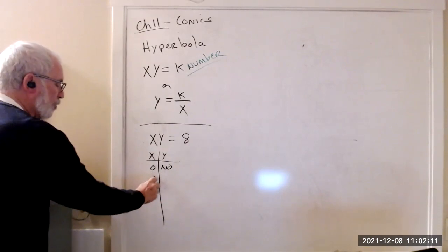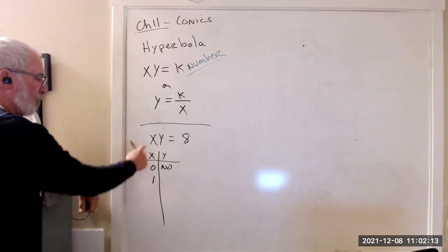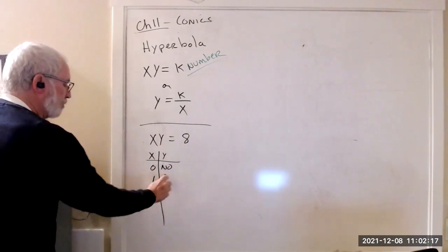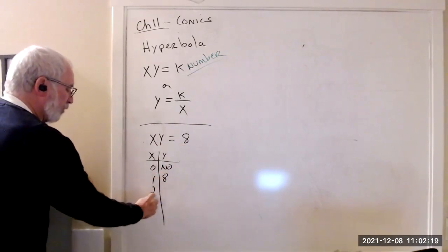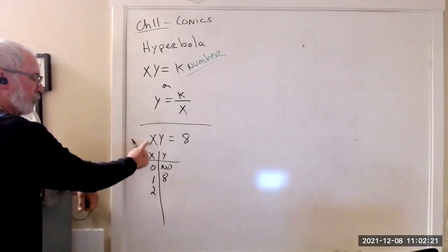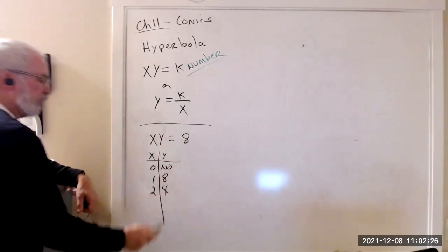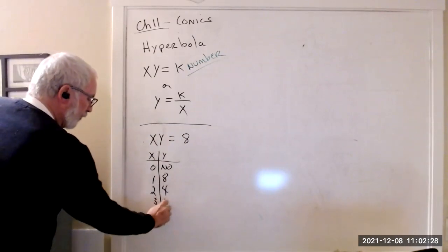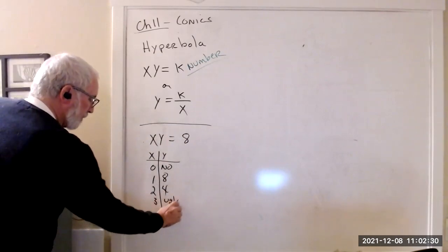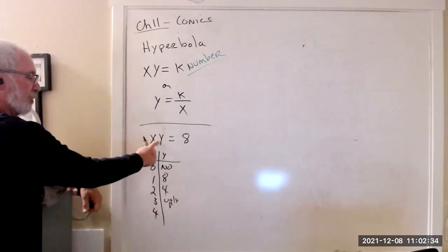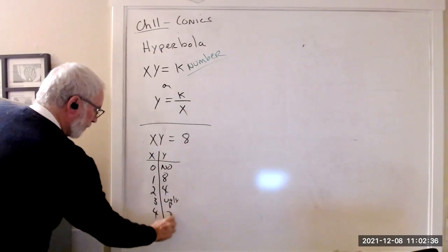Well, can x equal 1? 1 times what equals 8? 8. Can x equal 2? 2 times what equals 8? 4. Can x equal 3? Yeah, but it's ugly. Can x equal 4? 4 times 2 equals 8.